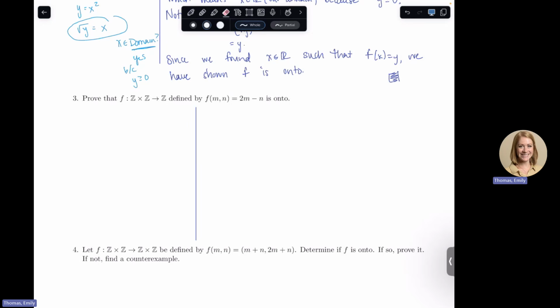This is kind of fun because we go from an ordered pair to a value. So we're going to pick something in the range, the codomain, which is an integer. So we're going to pick a y value in Z, which is our codomain.